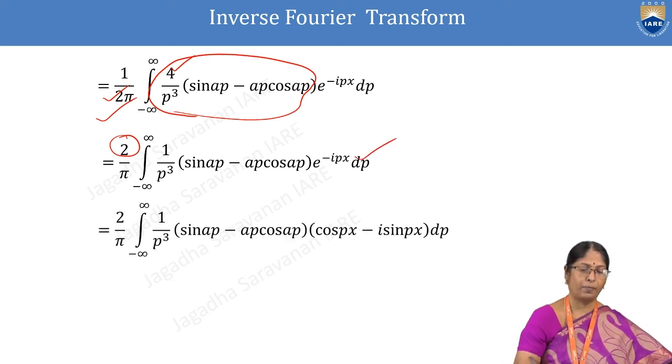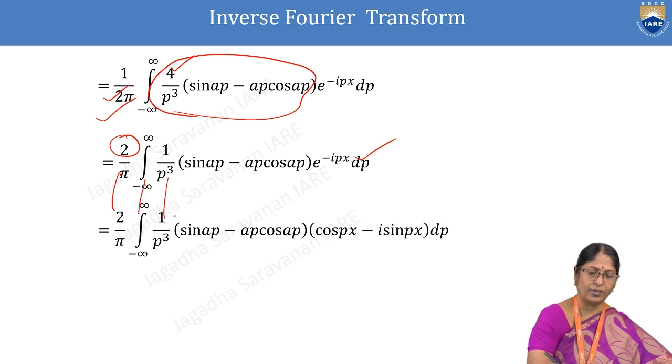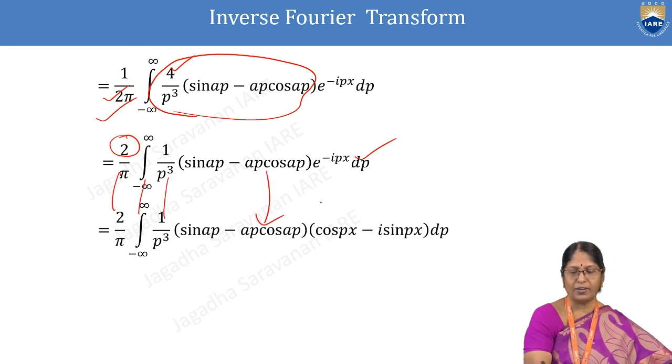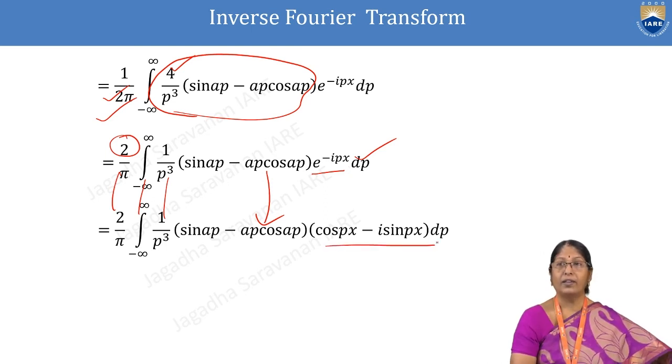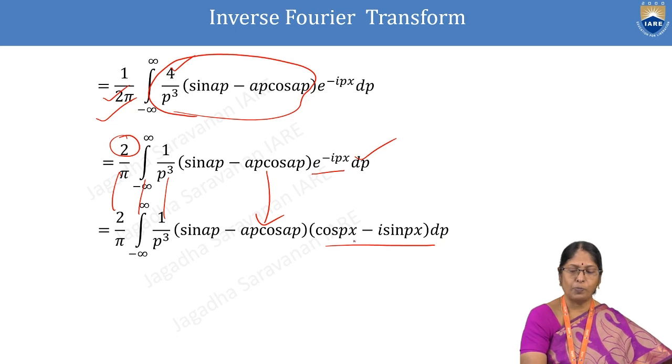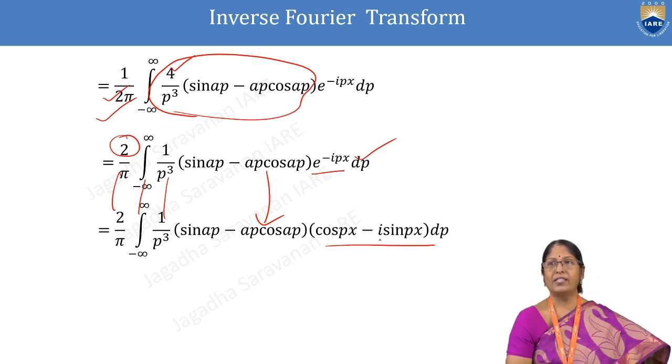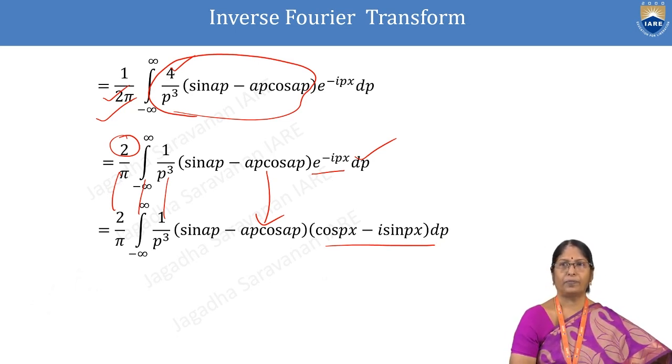The next step, everything is written as it is, but this e power minus ipx is replaced by the formula cos px minus i sin px.